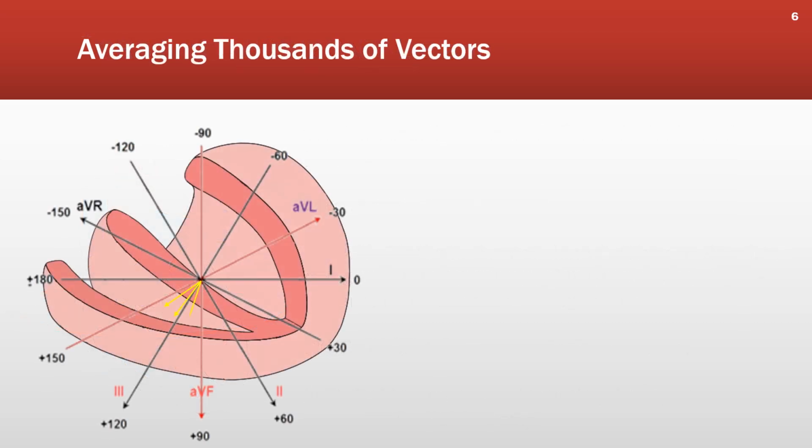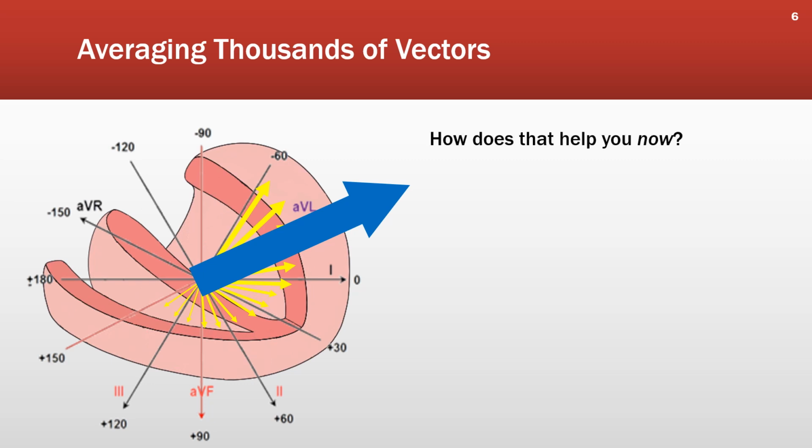Determining the mean QRS axis in the frontal plane means taking thousands and thousands of depolarization vectors and finding the average. So how does that help you right now? It's certainly one of the first things you learn how to do when you start learning about electrocardiography, about interpreting ECGs.